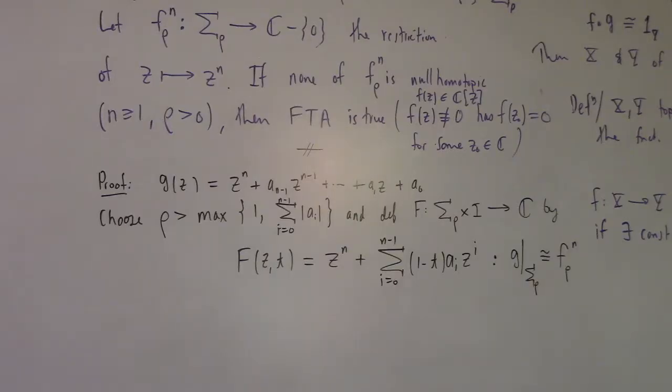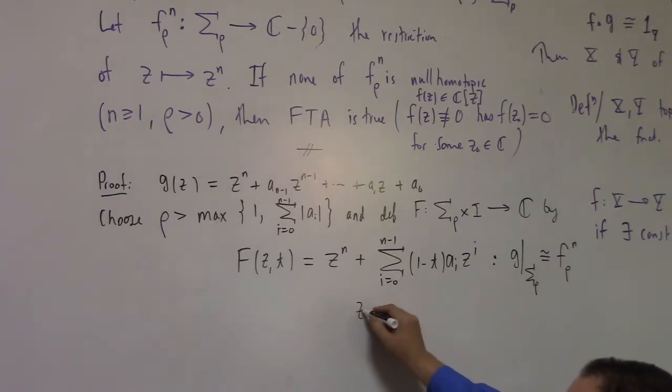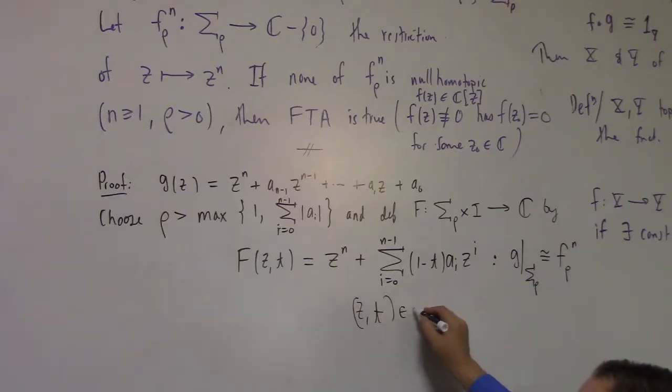And f of z, 0 is just z to the n. Oh wait, no. It's g of z. F of z comma 0 is just going to be g of z, and f of z comma 1, of course, assuming that the input to z is from the circle. I mean, the domain here is z, comma t, an element of this guy cross this guy.